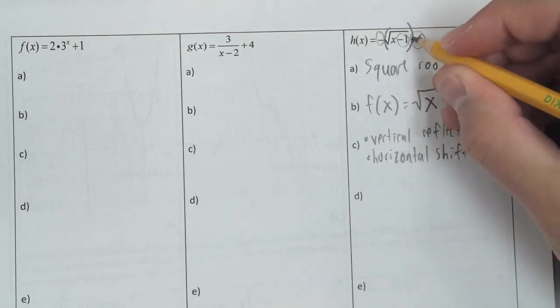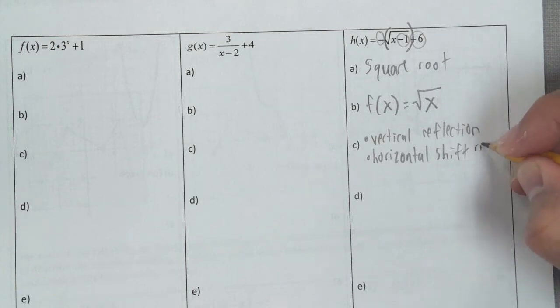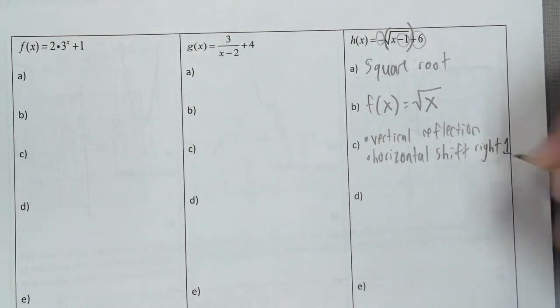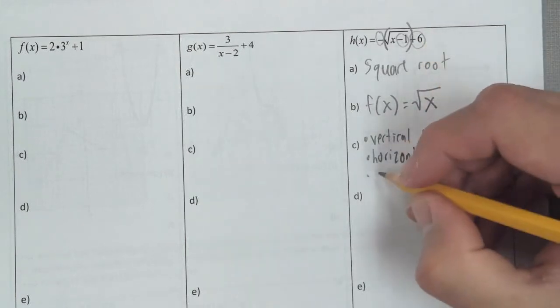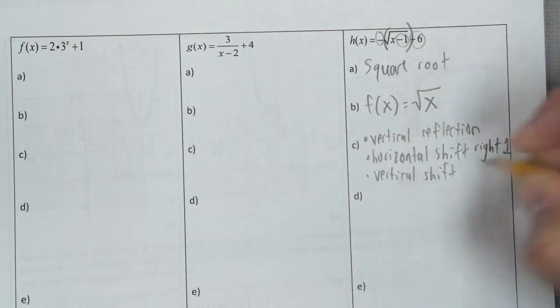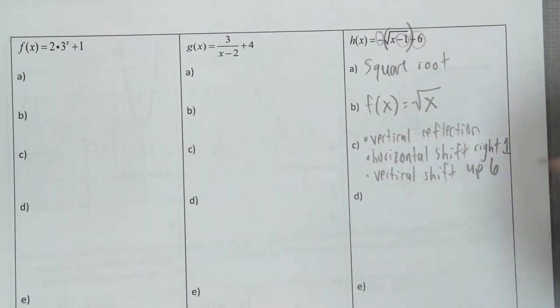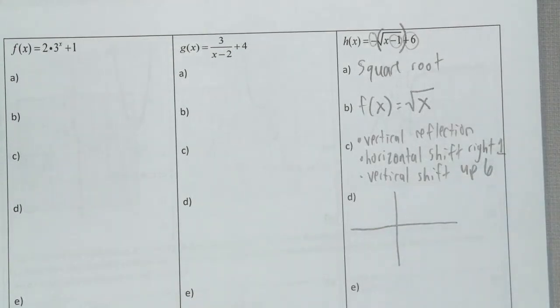Notice it's -1, so that means my h is positive. That means I'm shifting to the right 1. And then on the outside, I've got +6, a vertical shift, up 6. Here we go with the little sketch.